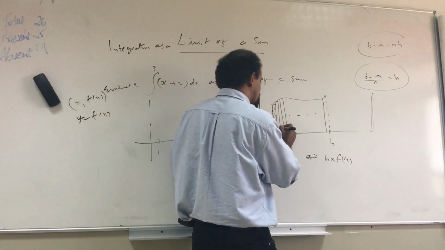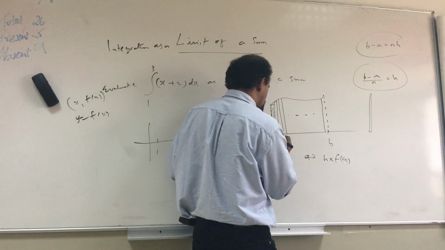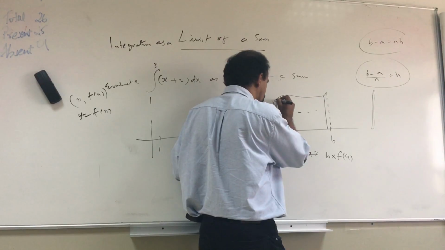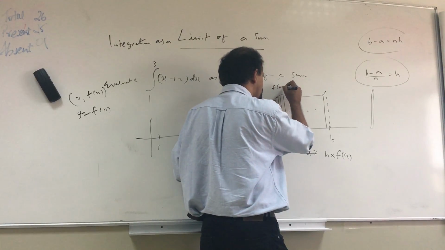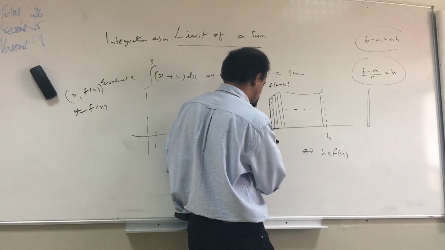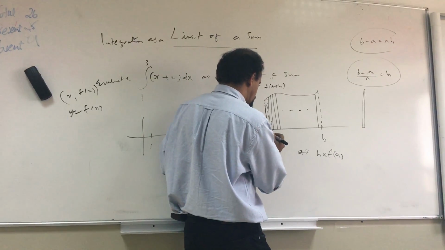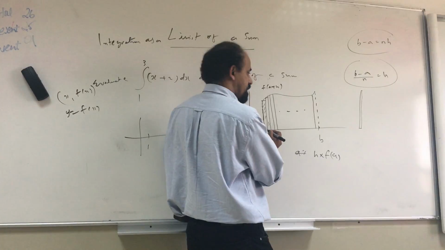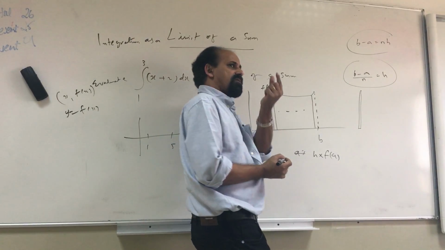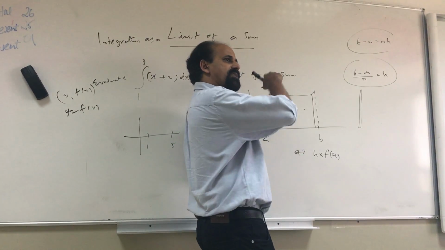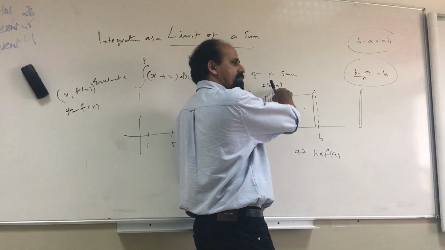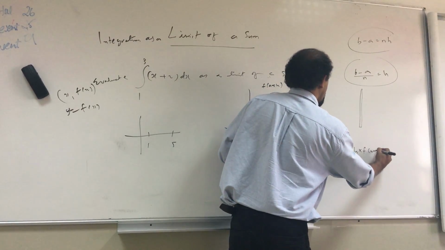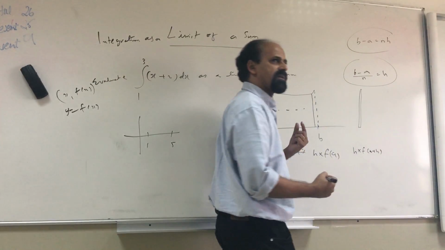What about the second rectangle? This is one more h I'm adding. The breadth will still be h, the height will be f of a plus h. So my next area of the rectangle will be h into f of a plus h.